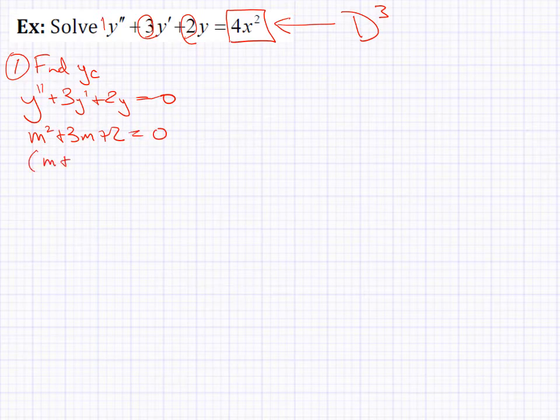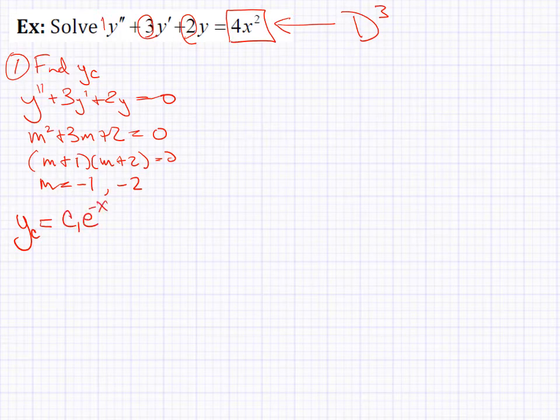I can factor that as (m plus 1)(m plus 2), which would give me m equals -1 and -2. Two distinct real solutions. So y sub c, because this is the solution to the associated homogeneous, would be c1 e to the -x plus c2 e to the -2x. Okay, that's the first piece.